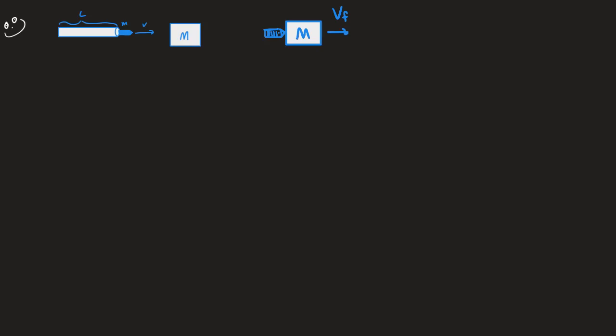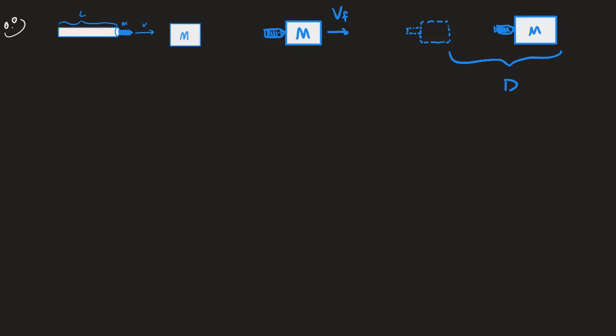And then there's also going to be this part where the box and the dart will have combined together and slid across the table until they've come to rest under the action of friction. I'm sorry, I said gravity. Under the action of friction. So it will have slid a distance d. This really represents the question.